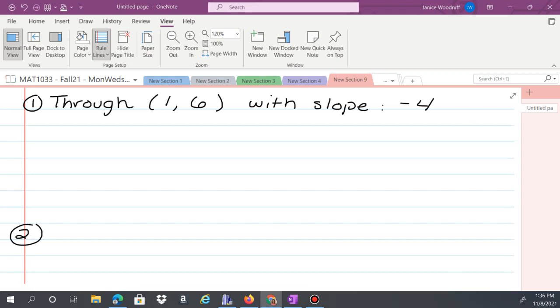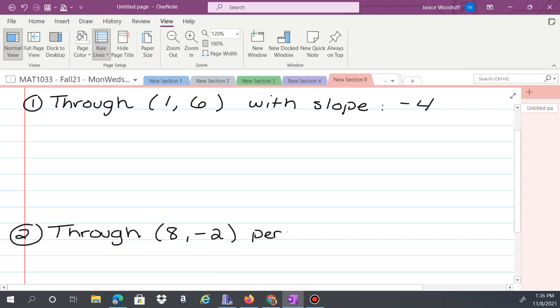And let me think of another one. We'll go through the point (-8, -2), perpendicular.